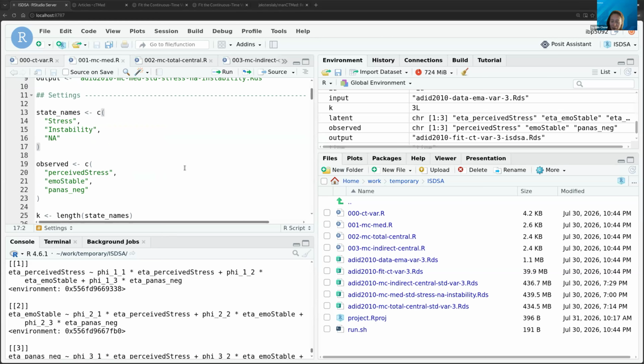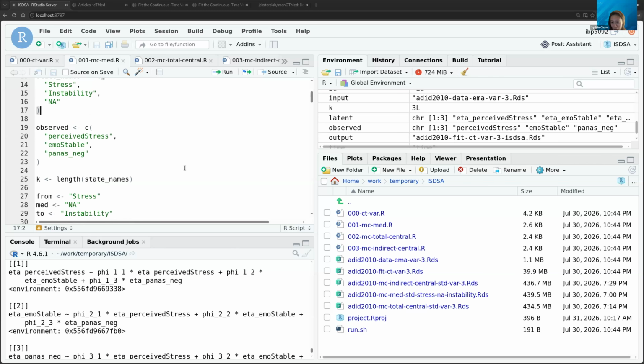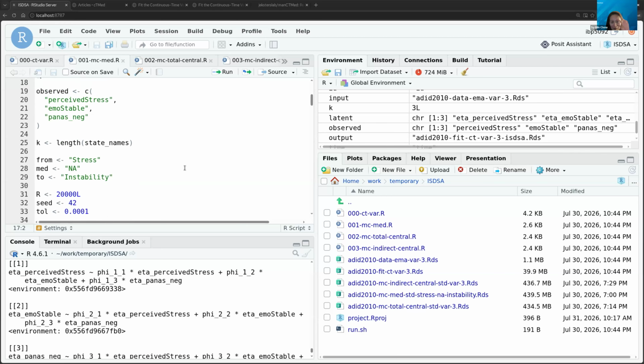And then the state names are the names for the latent variable counterpart, like the names of the nodes, which he called stress, instability, and NA. So if you're trying to fit a VAR model of other dimensions, let's say you have 4 dependent variables, then make sure that you have 4 of these instead of 3. Your observed variable names have to match what you have in your data set. Your latent variables, you can call them whatever you want.